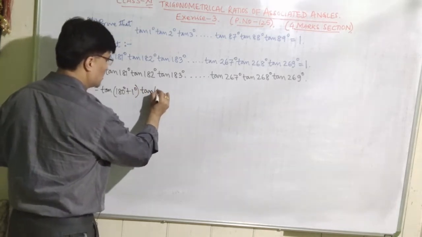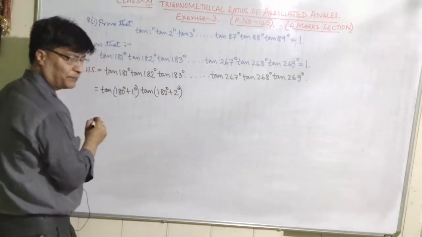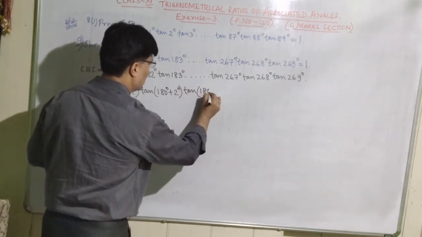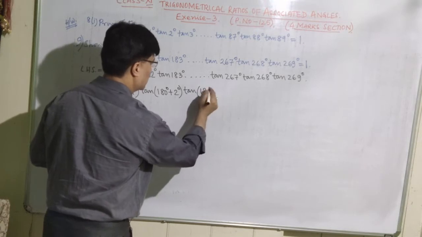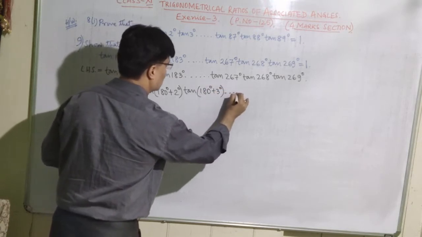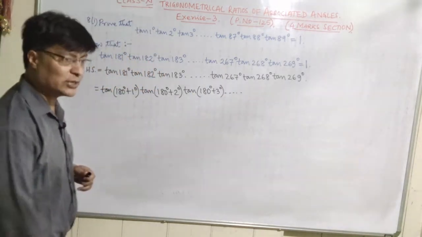It is also tan 180 degree plus 2 degree. Then again this is tan 180 degree plus 3 degree. How will you write tan 267 degree?